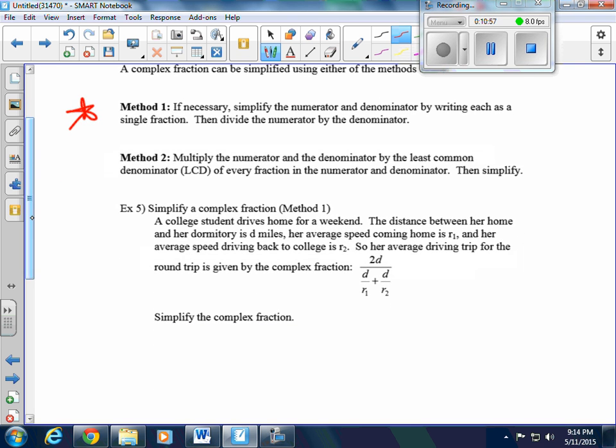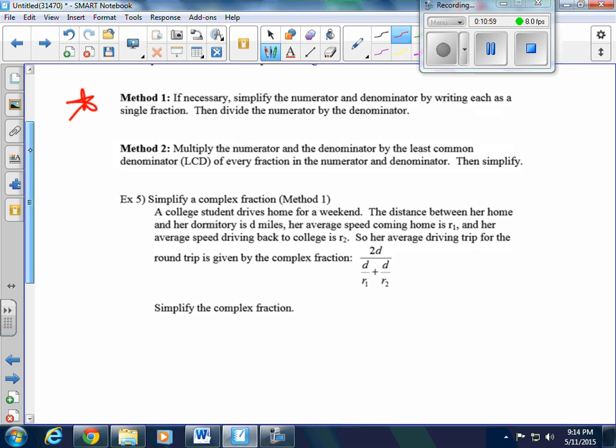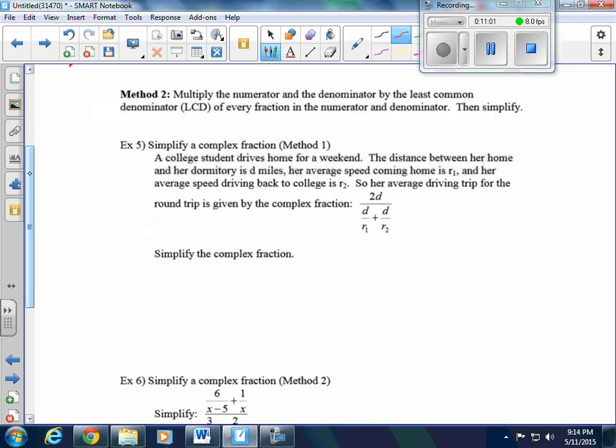So let's jump down to example 5 and look at how that works. Well, we have two fractions here. We have 2d in the numerator, and then we have d over r1 plus d over r2 in the denominator. Well, we could really write this as 2d over 1.